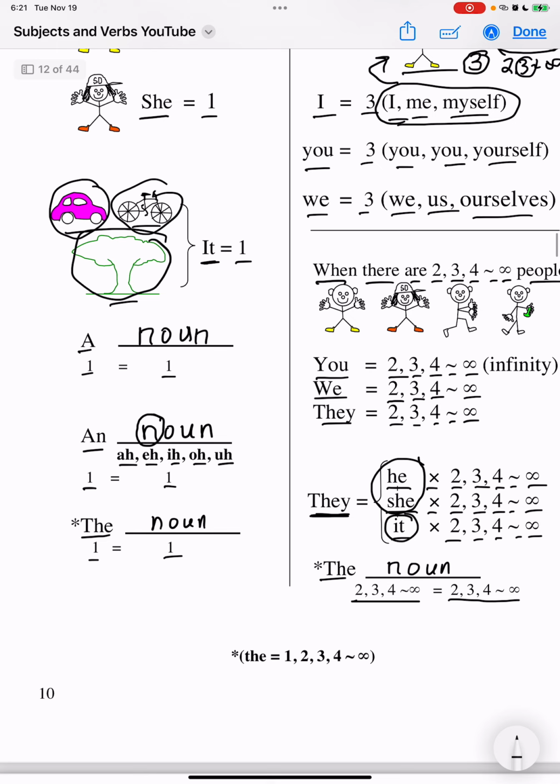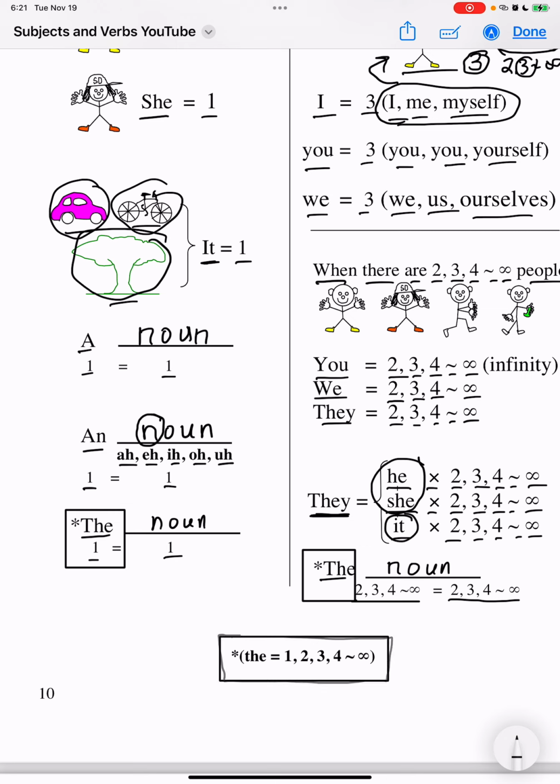But if you notice here, there are 2 nouns, and one is equal to 1 and one is equal to 2, 3, 4 to infinity. Well, noun is a special word, and it's going to equal to 1, 2, 3, 4 to infinity.